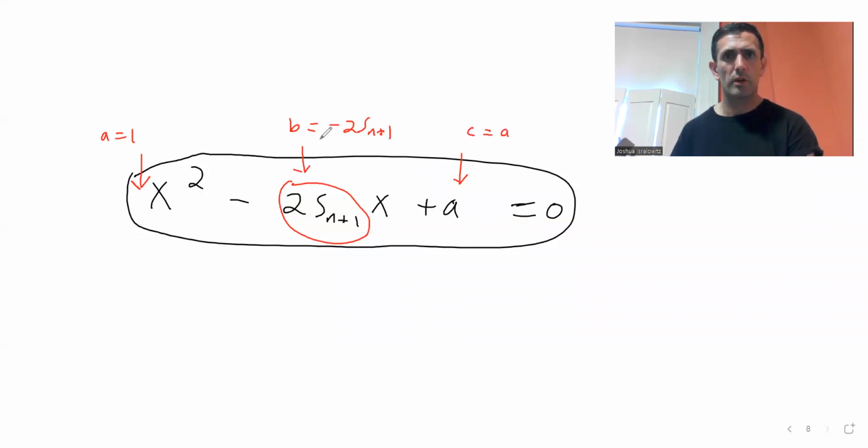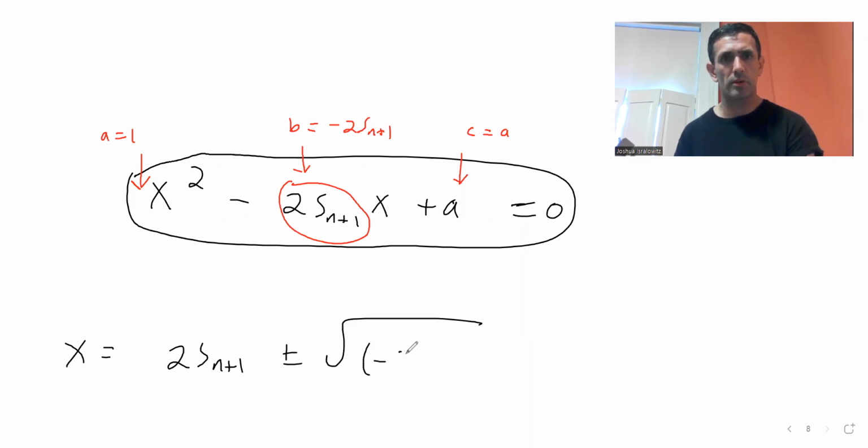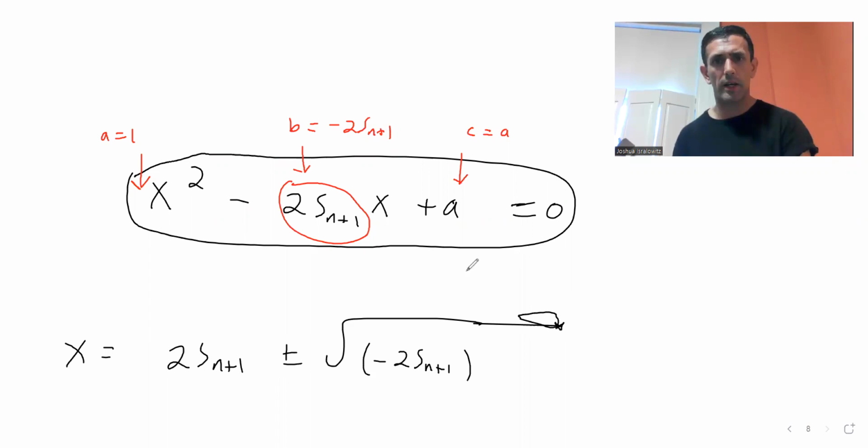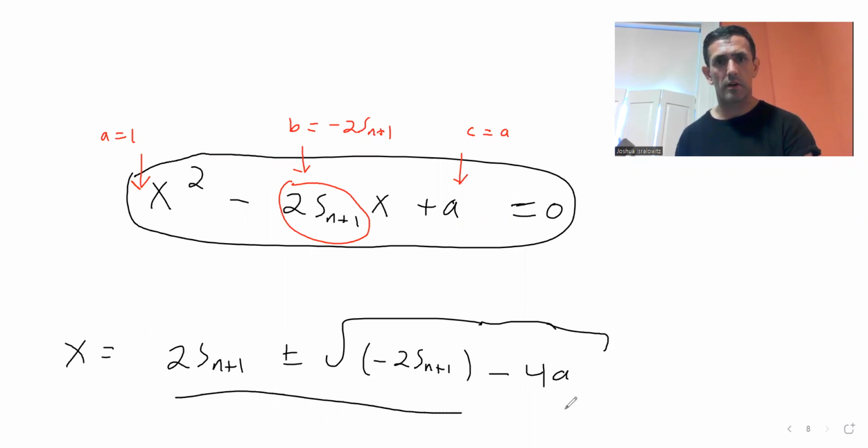Remember the quadratic formula. Negative b, so minus b is going to be 2Sn plus 1, plus or minus the square root of b squared minus 4ac, all over 2a, which is just 2.